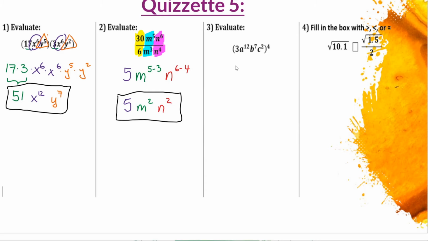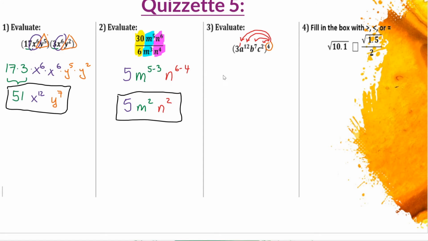Number 3, evaluate 3 times a to the 12, b to the 7, and c to the 2nd, and the whole thing raised to the 4th power. When you have a power outside of the parentheses, we distribute it. Don't forget that the 3 itself also has a power, which is the 1st power. We will distribute 4 into the parentheses: 4 times 1, 4 times 12, 4 times 7, and 4 times 2.